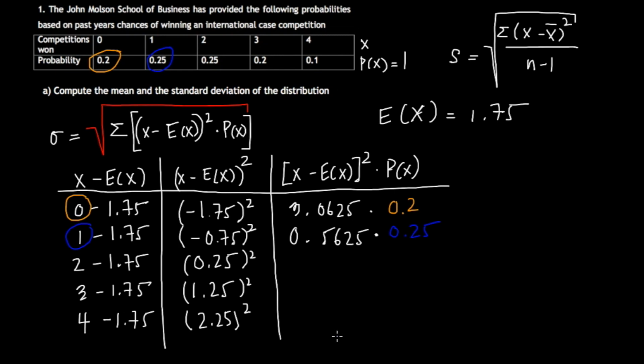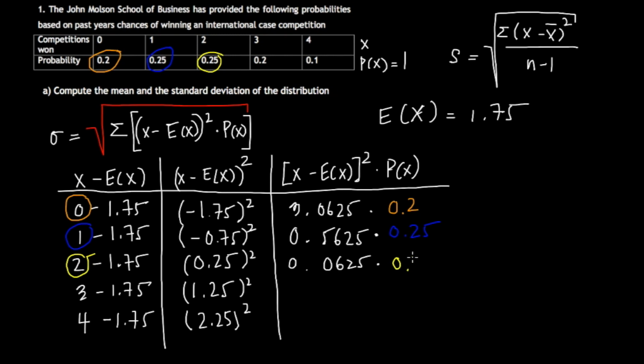Then I'm going to have 0.0625 multiplied by my third outcome's probability, so the 2, which is 0.25 up here.